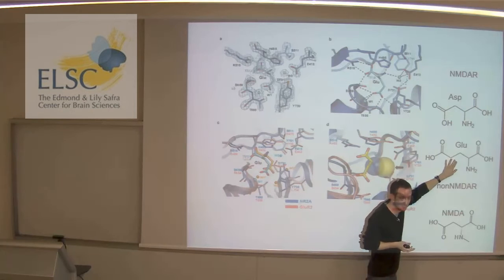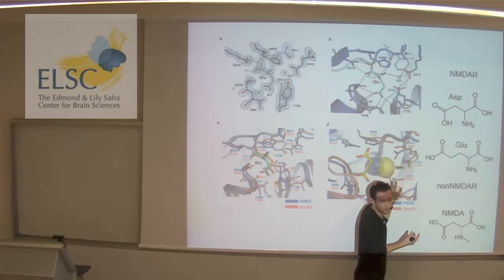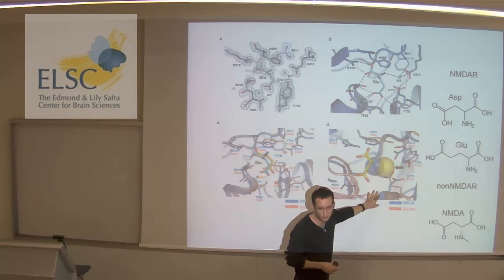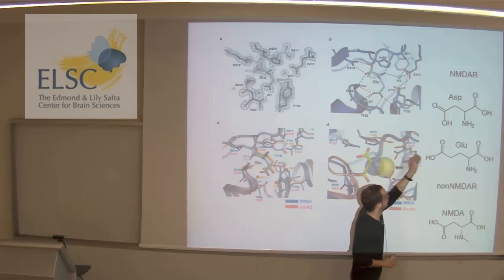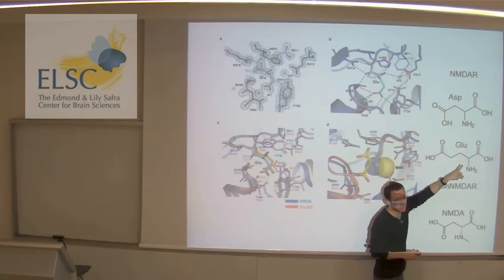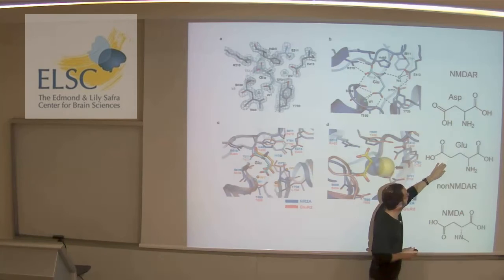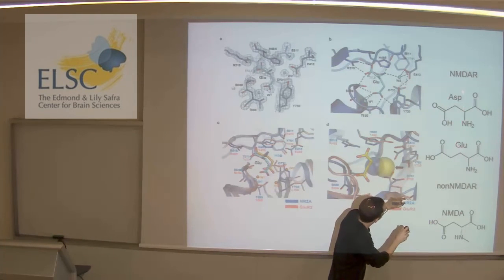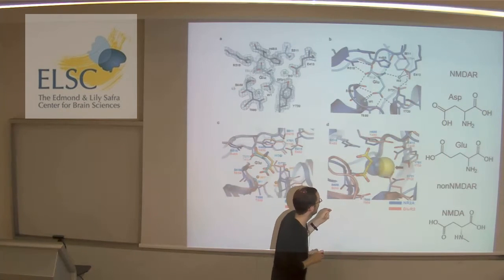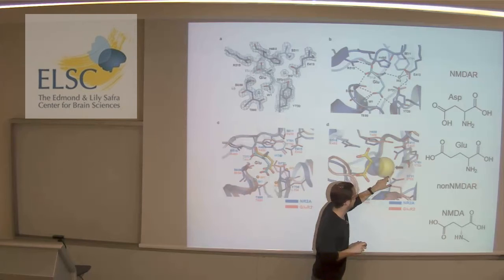There's another glutamate in this story, the amino acid from the polypeptide chain in the GluR2 channel. So in the position where the aspartate stood in the NMDA receptor, you find glutamate, which is longer than aspartate by one carbon. You see it here. The chain has one carbon more than aspartate. And this is this chain here, the red one.